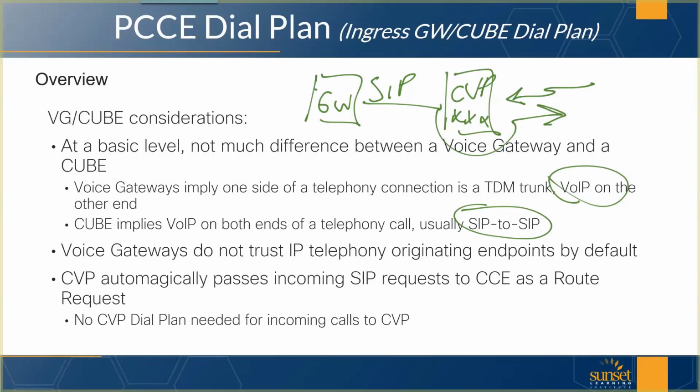In that gateway, of course, we use the term dial peers, and dial peers are a way to define that part of the dial plan on the voice gateway. And again, the two things that make these dial peers work for us are patterns and paths.